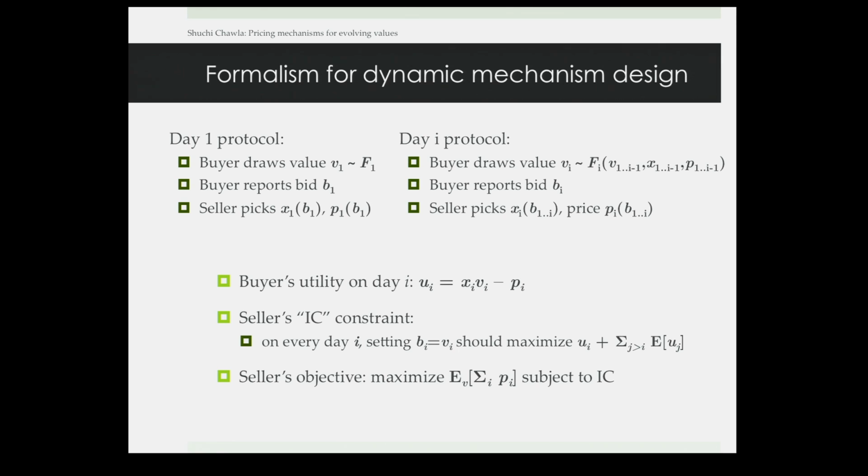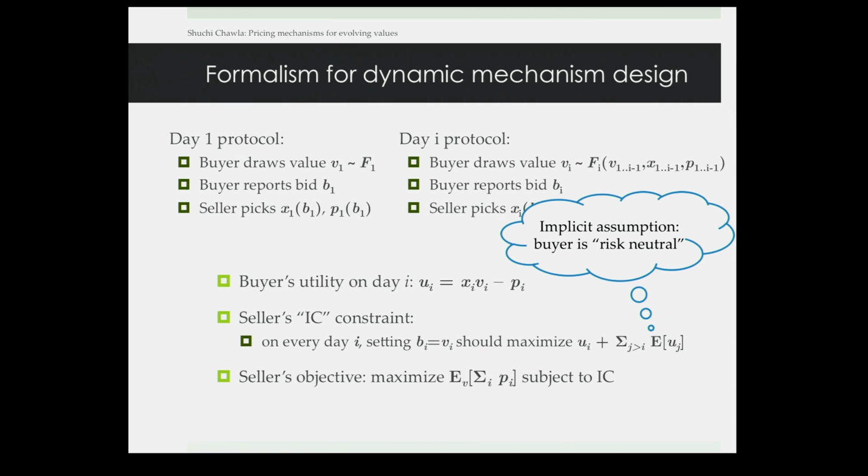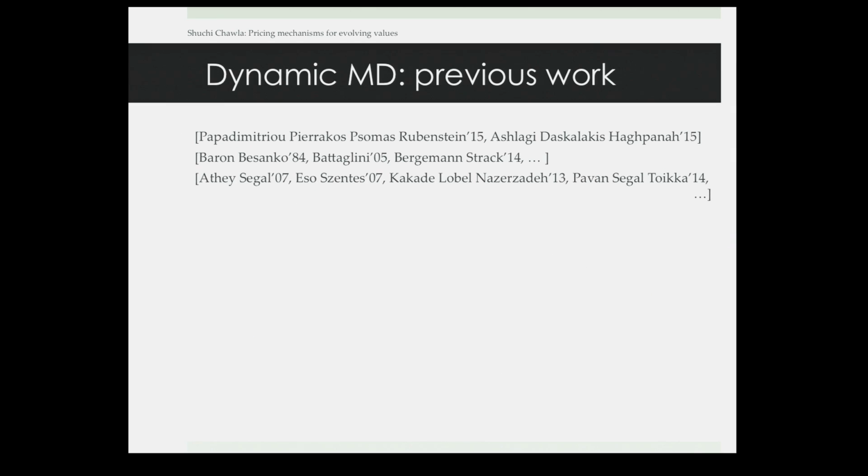If you start to write down a model, you assume you know everything about how the value evolves, how the process evolves, and just in order to be able to mathematically formalize this, you make assumptions of this sort, that the buyer is risk neutral, or you make a different assumption, but you write down a precise mathematical model of what that is. Okay, and there's a ton of work on these dynamic settings, and this is the sort of approach that this work takes. In fact, some of this by people that are present in the audience.